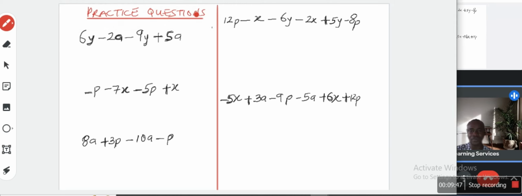Are you working on it? Yeah, I'm looking at the question. Okay, let's go. That's the same thing we did. You just collect like terms. Let's move faster. Have you started writing? I'm yet to see anything you've written.